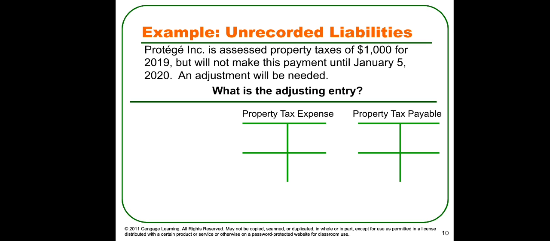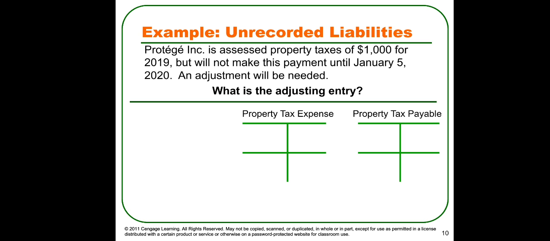So the question is like this: before you do the adjusting entry, this $1,000 is an expense. Okay, in accounting, tax is an expense. Let's say you have a business, you have to pay tax. That is an expense. We call it tax expense. So the question is, when the business closed its account at 31st of December 2019, is this tax expense an expense for year 2019 or 2020?